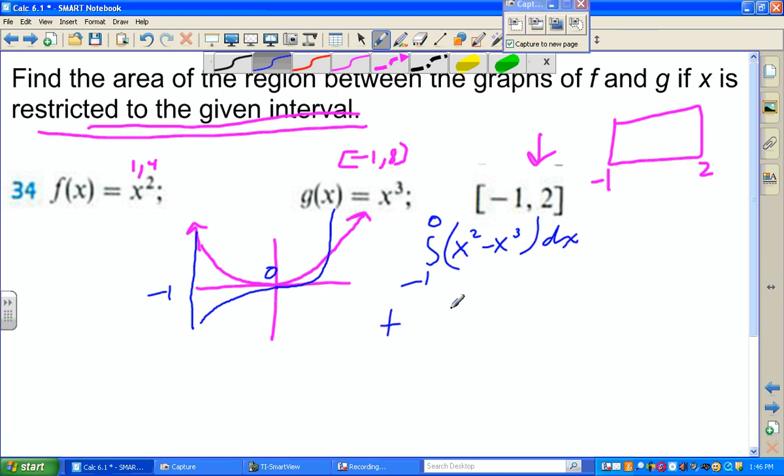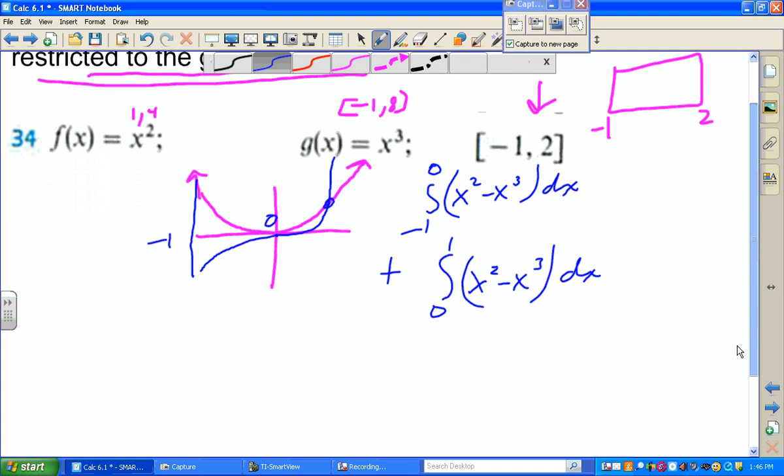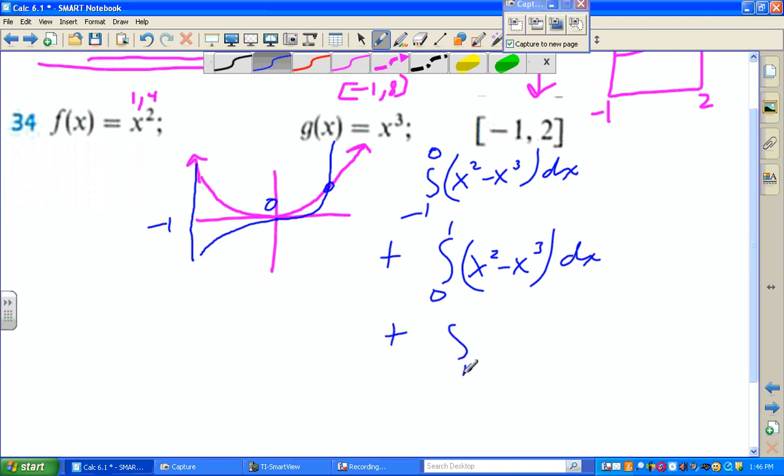Plus, from 0 to 1 will be the x squared minus x cubed graph, dx. And then from 1 to 2 will be the x cubed minus x squared graph, right?